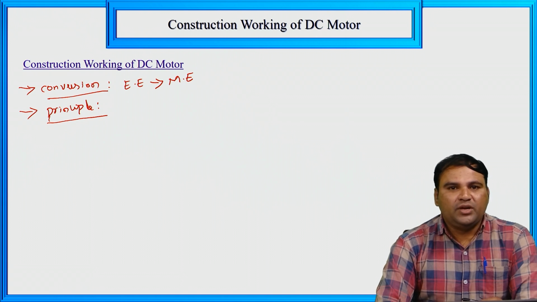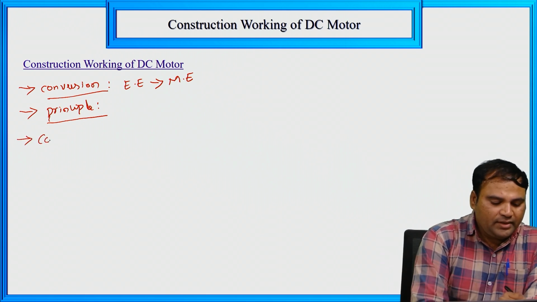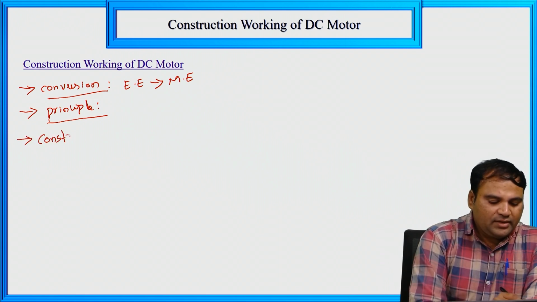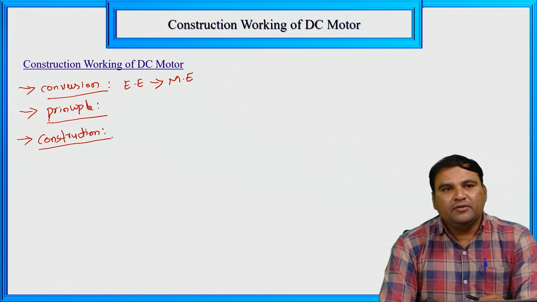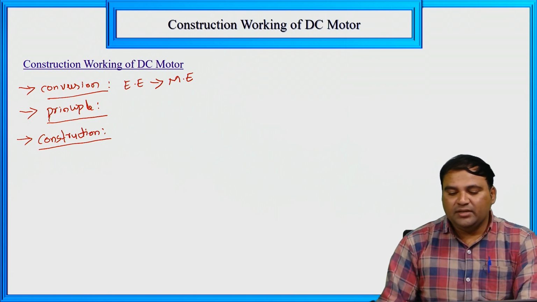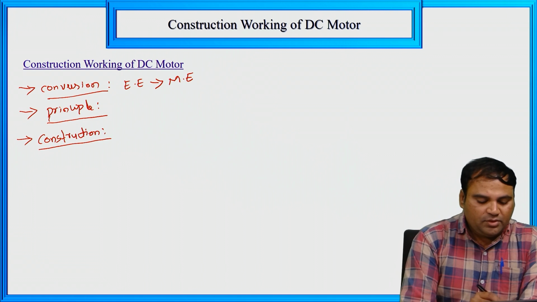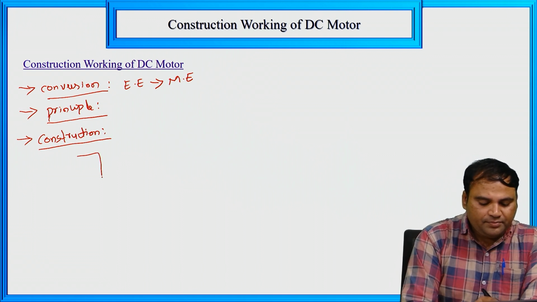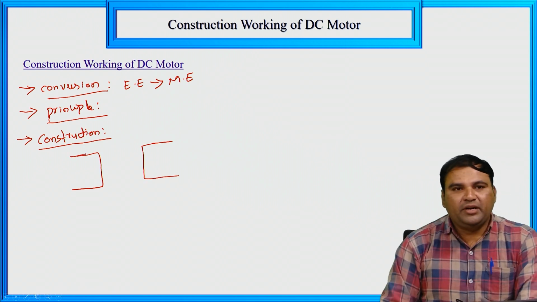Now, construction. What is the construction of a DC motor? For this, I am taking one diagram, which consists of two permanent magnets.